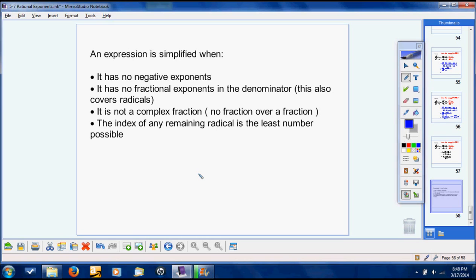And the index of any remaining radical is the least number possible.